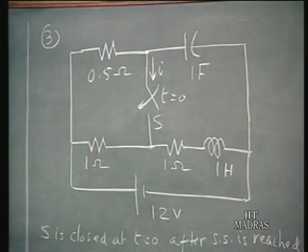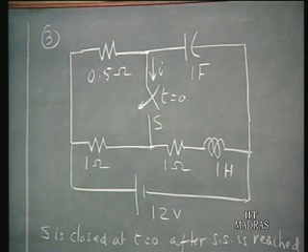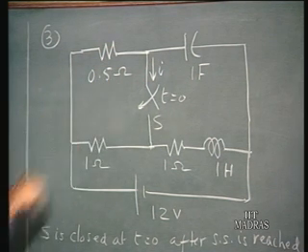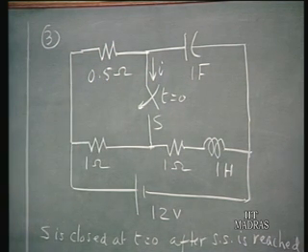You have to calculate the initial current in the inductor and the initial charge in the capacitor, use them to find the open circuit voltage here, then look at the impedance looking in, set up the Thevenin equivalent circuit, and find the current in this shorted branch. That is the third problem.